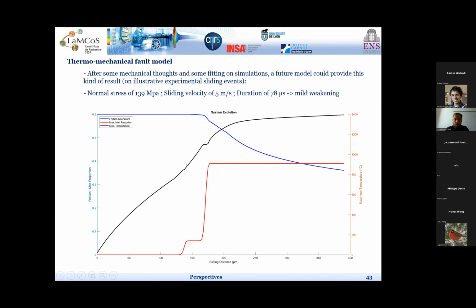Okay, we keep increasing the temperature, then we reach feldspar. Feldspar melts. Okay, so we increase the proportion of melt, and we strongly reduce the friction coefficient in the system. And by strongly reducing the friction coefficient of the system, we stabilize the temperature because we cannot produce enough energy to keep increasing this temperature.